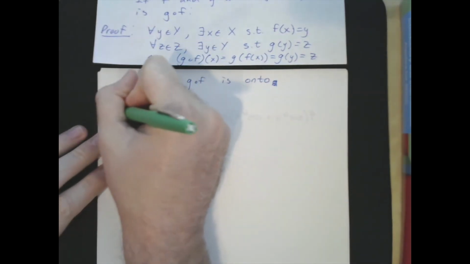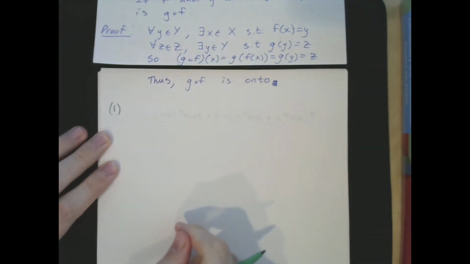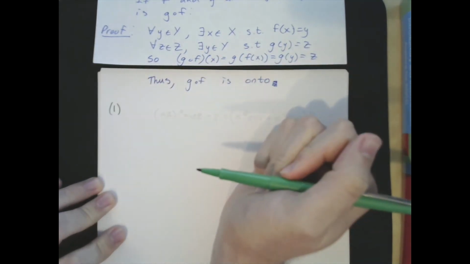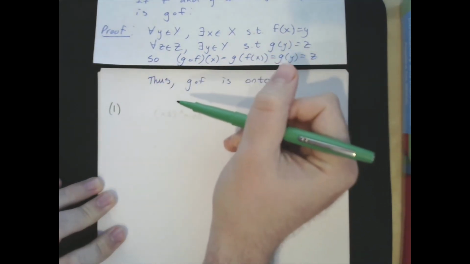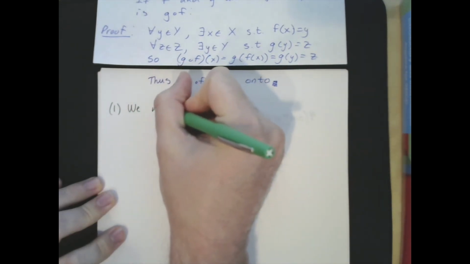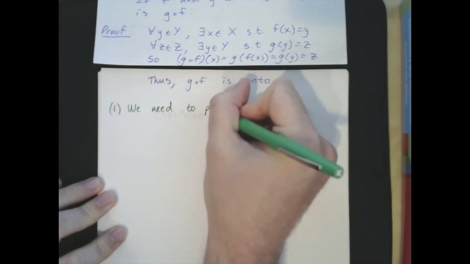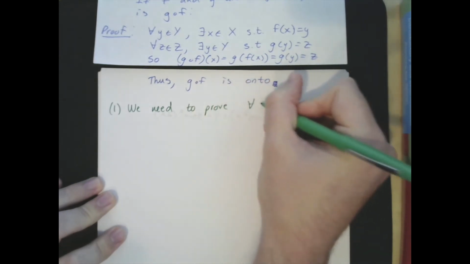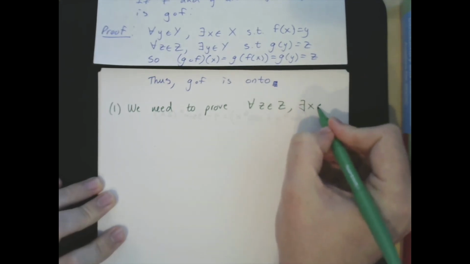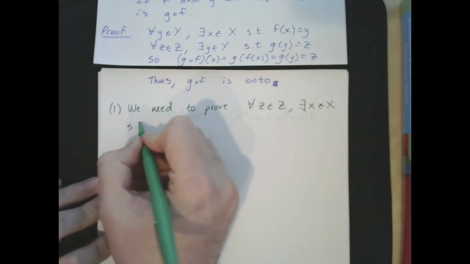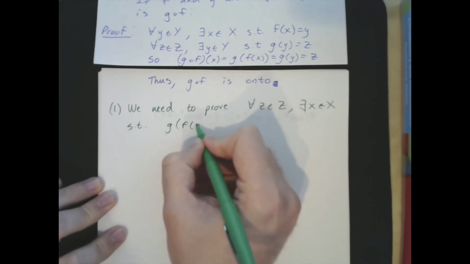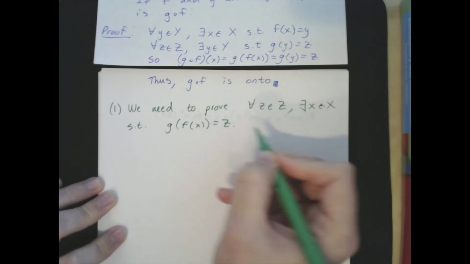So the first structural error is that when we start to prove surjectivity, we need to prove for all z in Z, there exists an x in X such that g of f of x equals z.